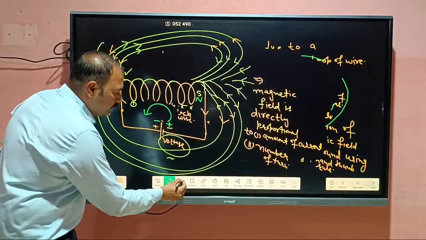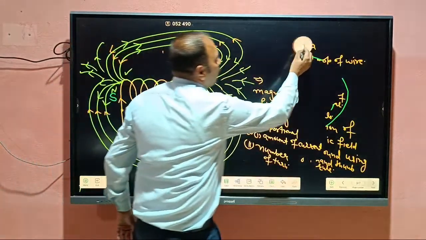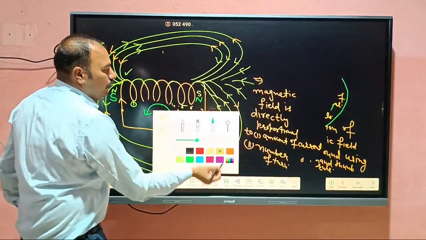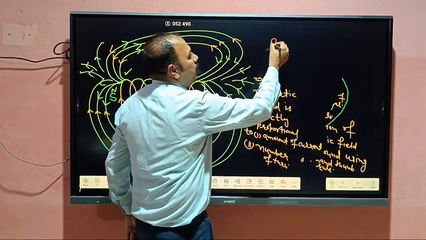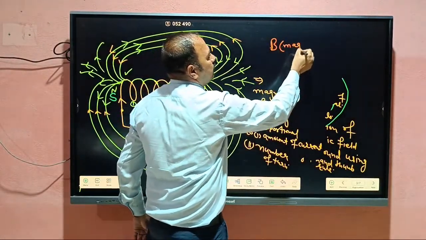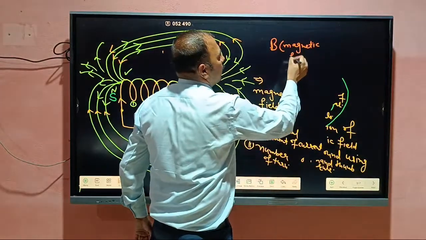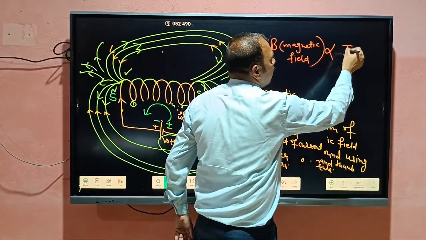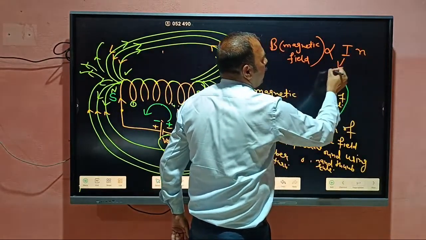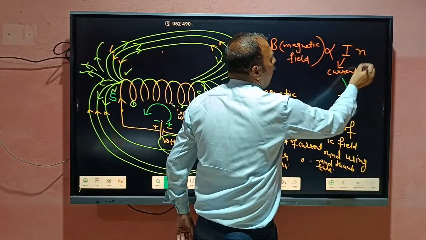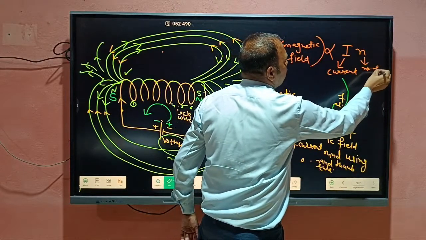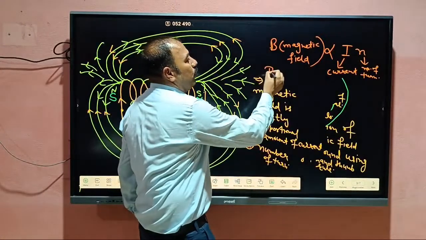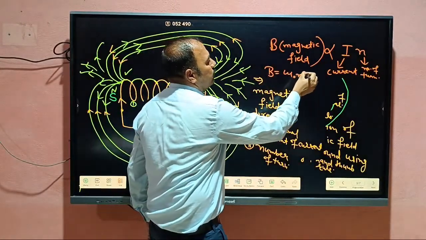So we can write B, the magnetic field, is directly proportional to I and N, where I is current and N is the number of turns. And we can write it in the form of a formula: B is equal to mu naught N I.